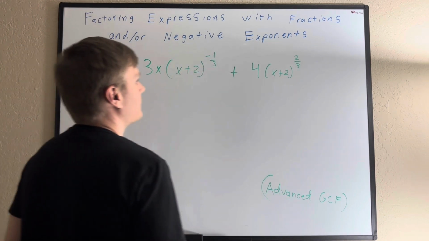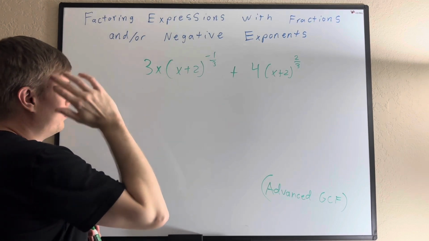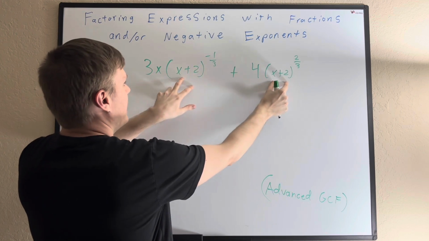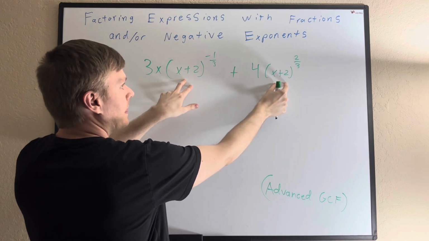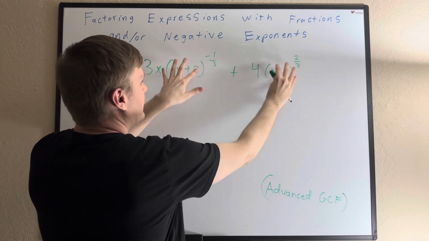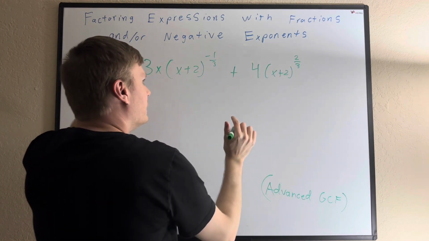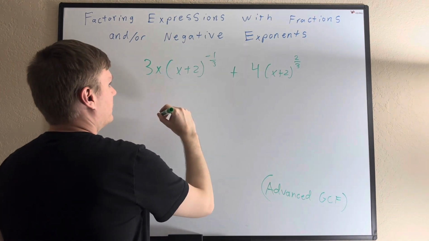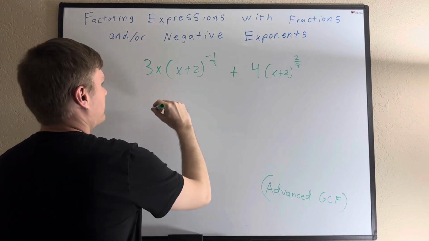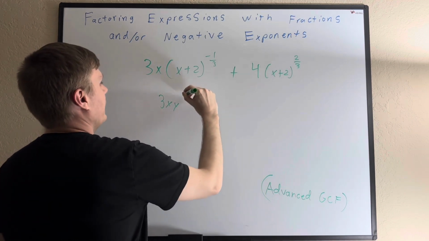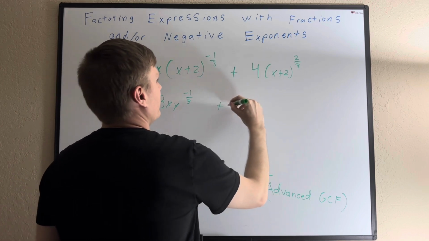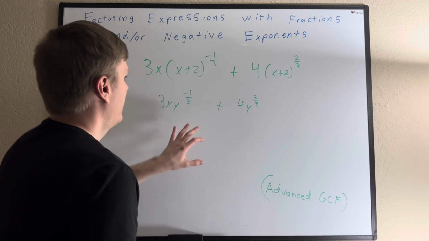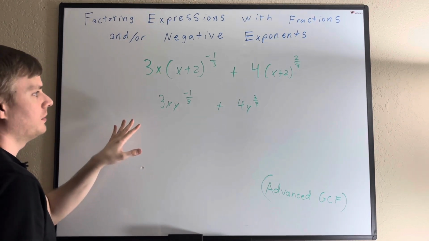What they want us to do is recognize that x plus 2 and x plus 2, these are the same, right? So we can treat that like all one number, like it's all one variable, almost like 3xy to the negative 1/3 plus 4y to the 2/3. And we can factor that out.